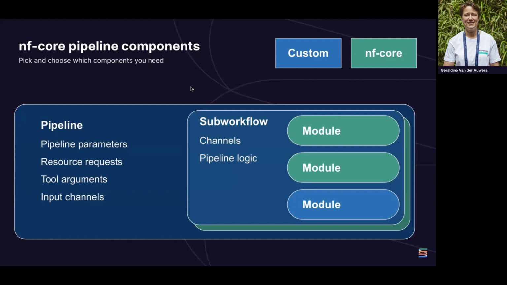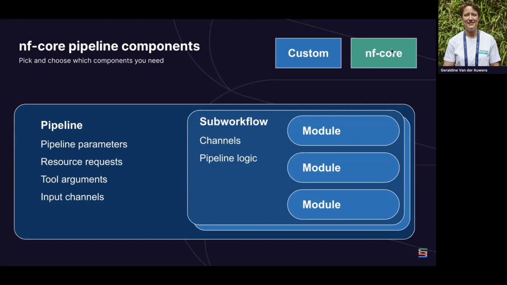You can swap sub-workflows, you can swap certain modules, or you can go all the way and bring in your own modules and sub-workflows. So you have a lot of flexibility in terms of doing a mix and match of components. And that is in part strongly enabled by this use of common templates.